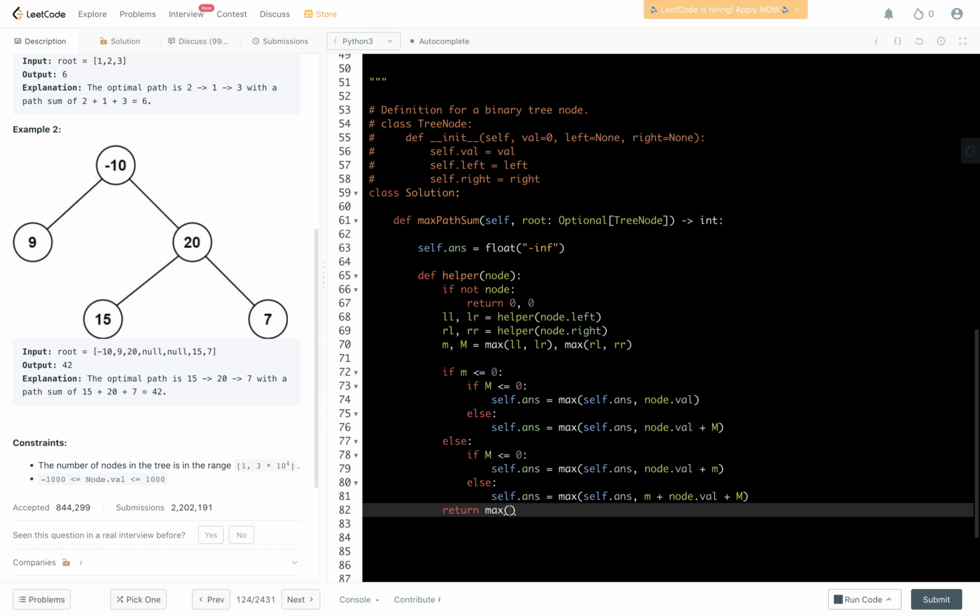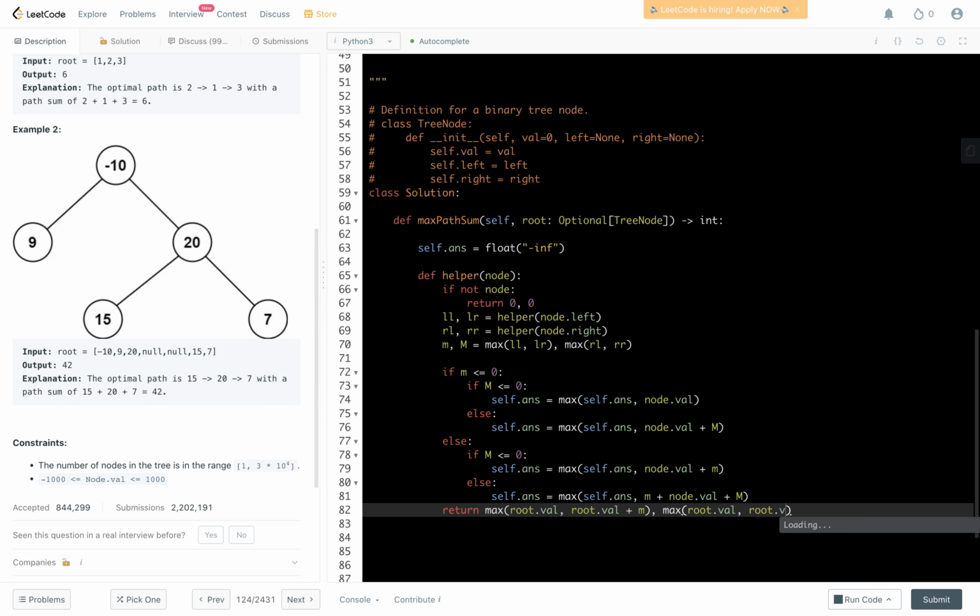So now, in order to get the information of LR for the current node, we are going to return. So first, we are going to have this part, root value, because this is always included. So we are going to check if we are going to go to left. So we are going to consider this plus little m. So if little m is positive, then the maximum of this one will be this one, right?